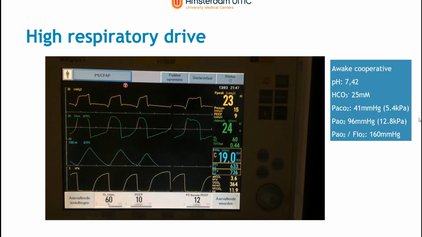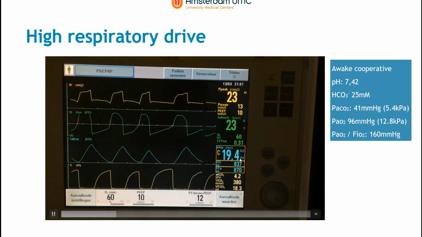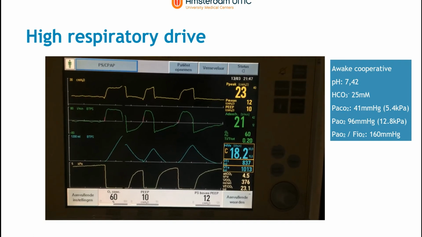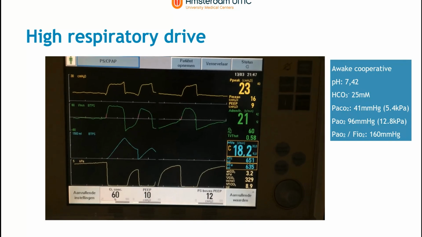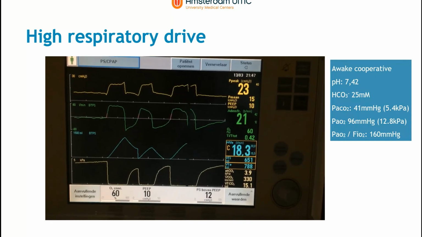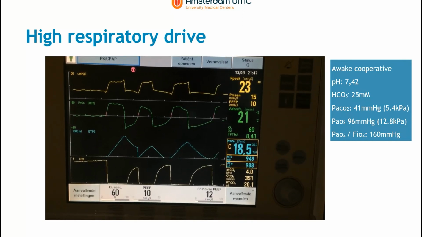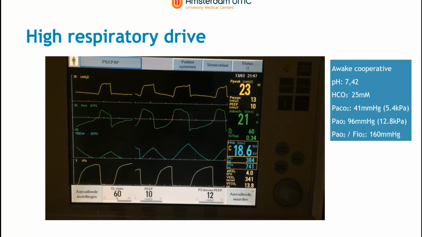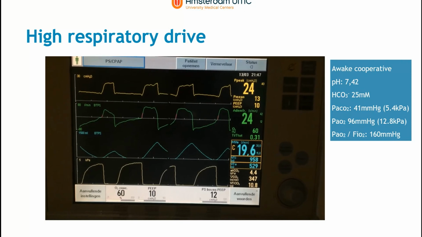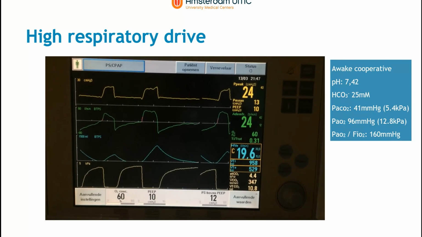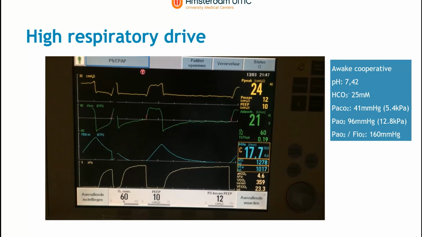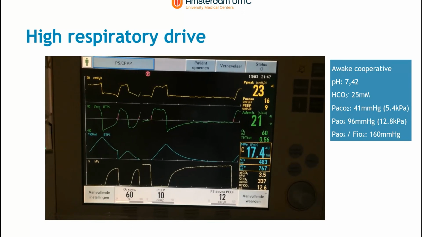What you can see here is pretty high tidal volumes, 800 ml, even 1 liter, 1.2 liter, 600 ml, way beyond what we would want at 450 ml. And the question is, why is this patient doing this? Because pH is 7.42, there's no reason for hypercapnic failure, right? Why is this patient having a high respiratory drive?